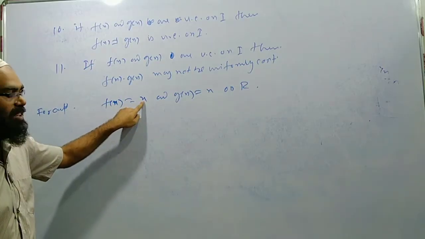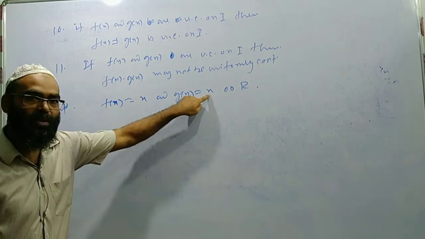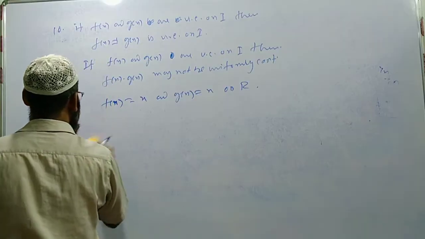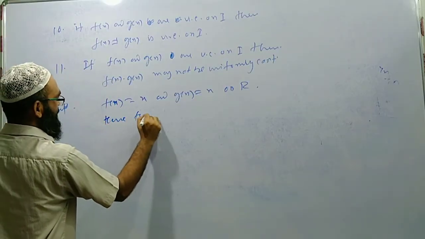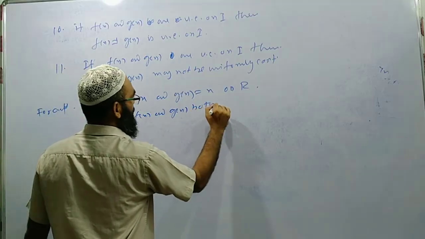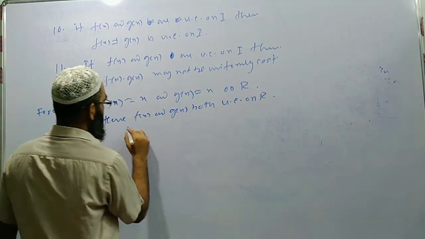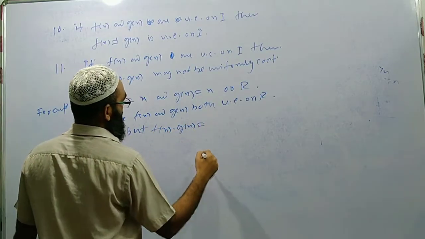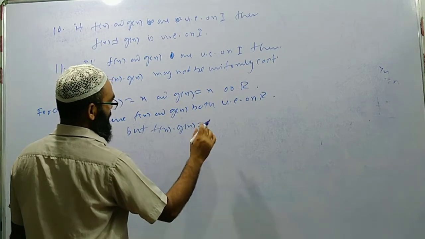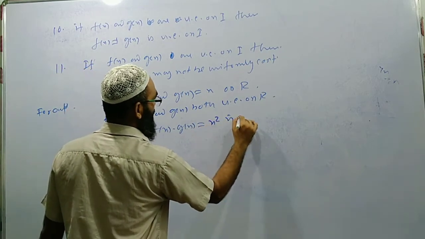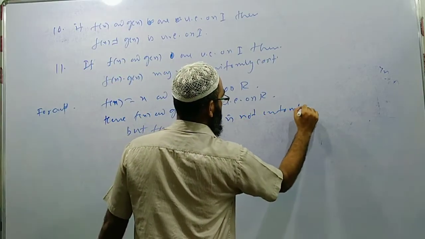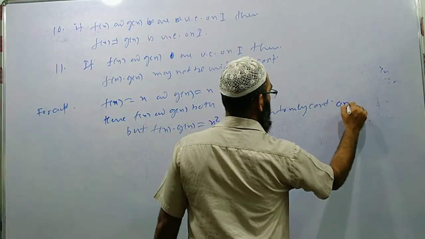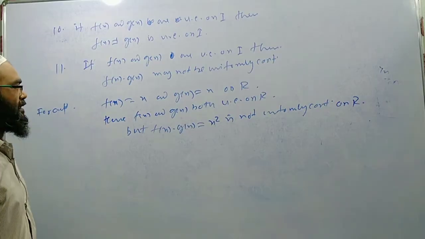So f(x) and g(x) are both uniformly continuous on R, but f(x) into g(x) equal to x square is not uniformly continuous on R.